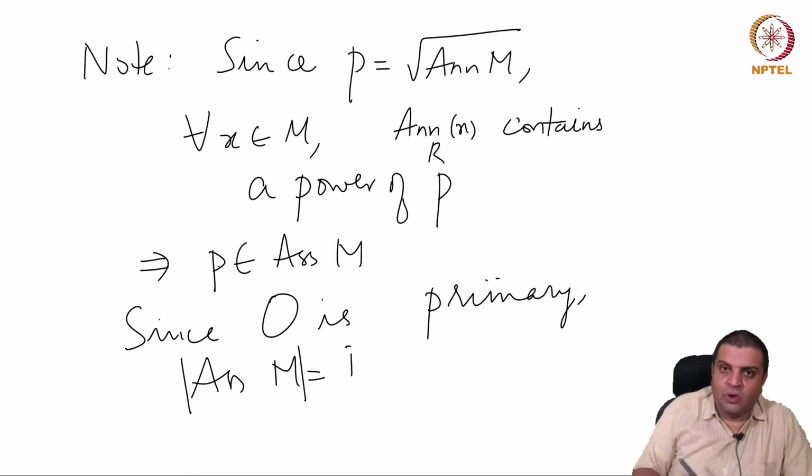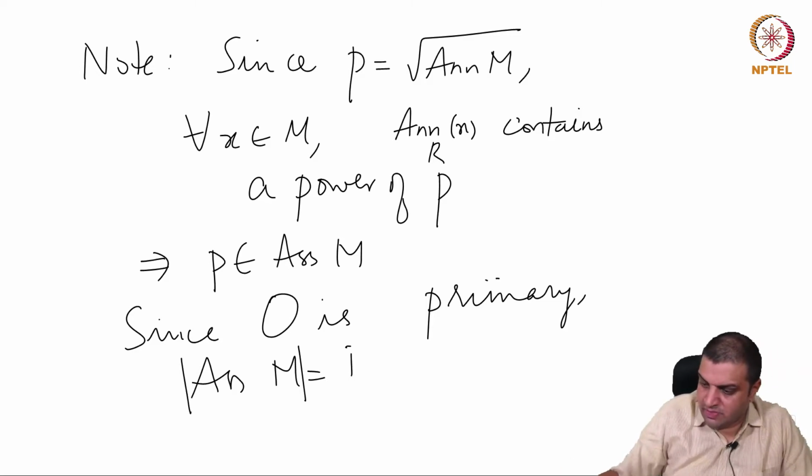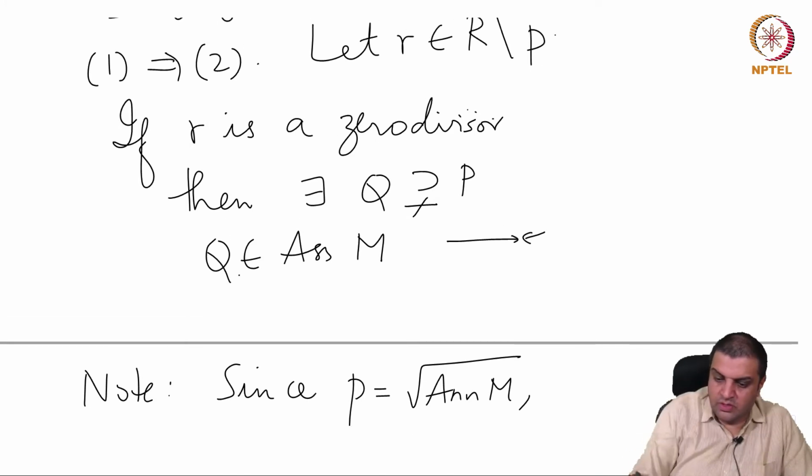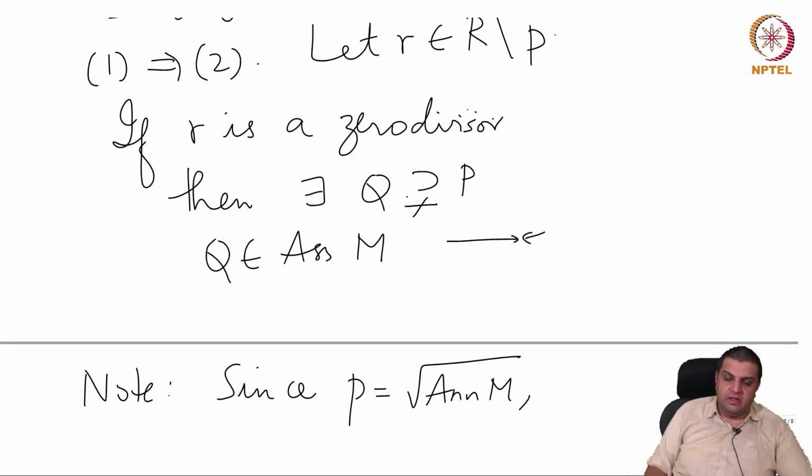But P is already there, and that is the contradiction here. You cannot have a Q different from P which is associated to M.